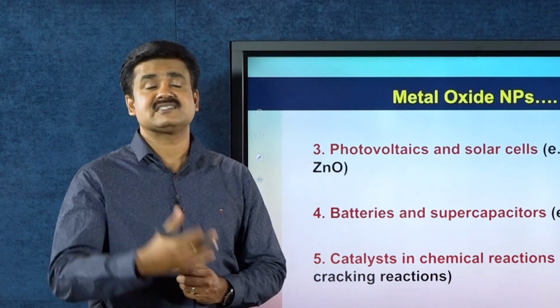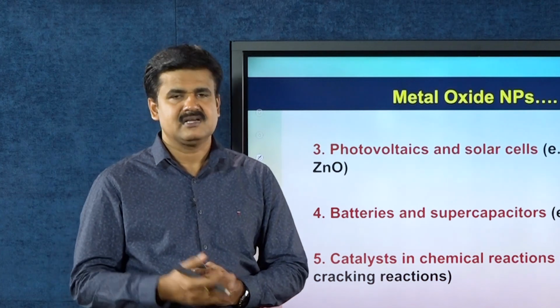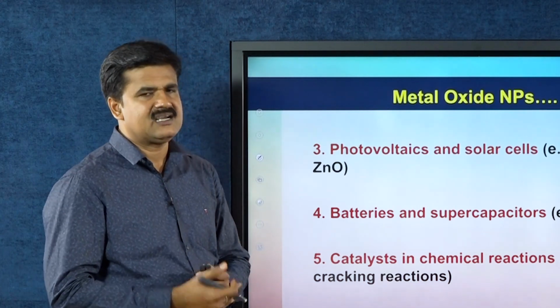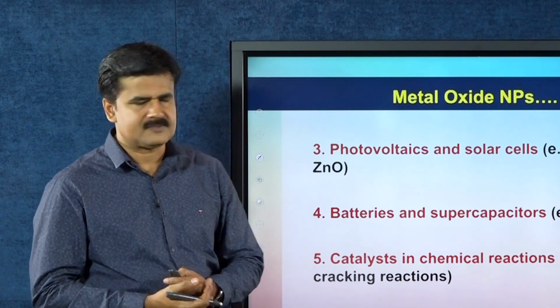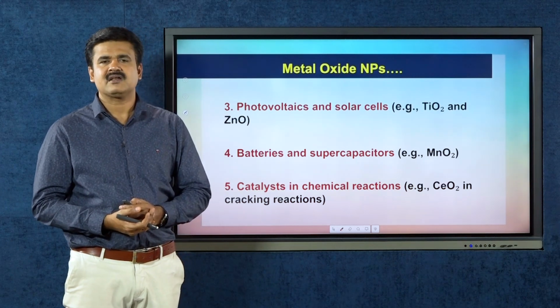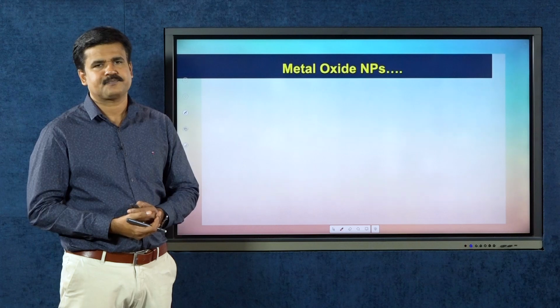That improved surface area enhances their catalytic performances. So, many metal oxides like cerium oxide are highly useful as catalysts in chemical reactions. Specifically, cerium dioxide nanoparticles are used in pyrolysis or cracking reactions.